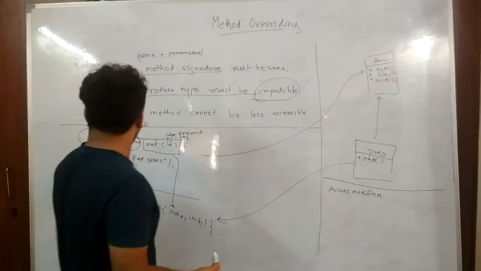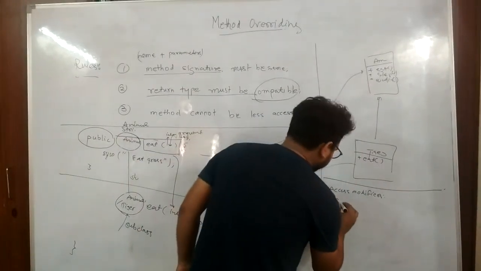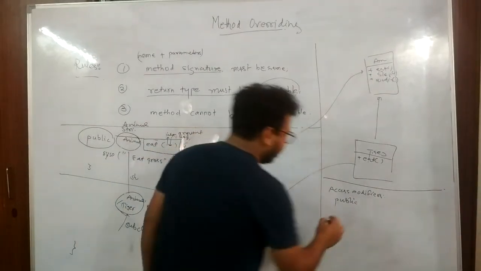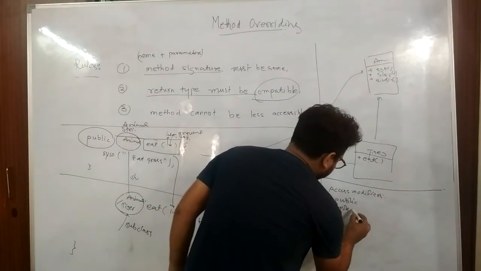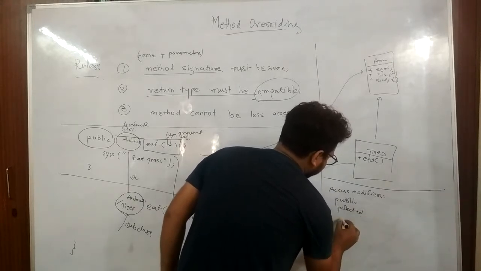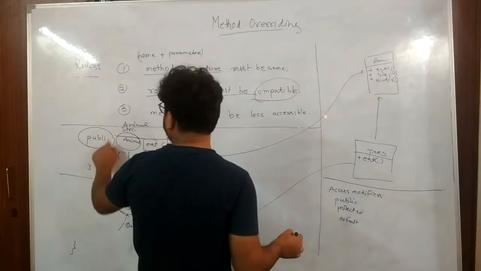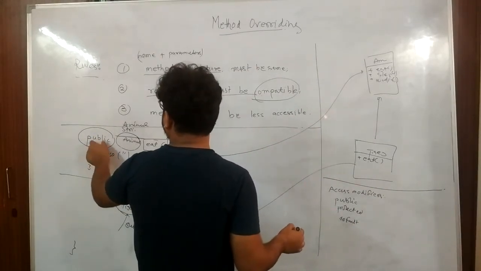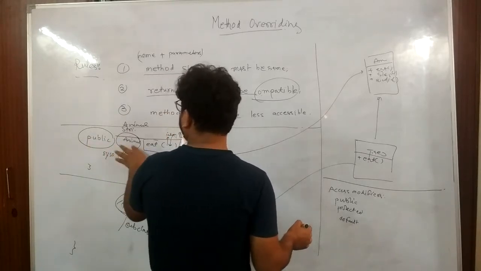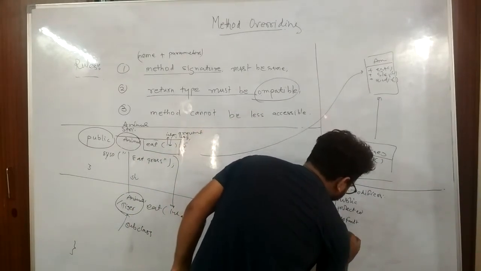Here we have public, which means visible to all. After that we have protected, which is package specific. Then we have default, that is, if we do not have any keyword, not public, private or protected, then it is called default. And then we have private.